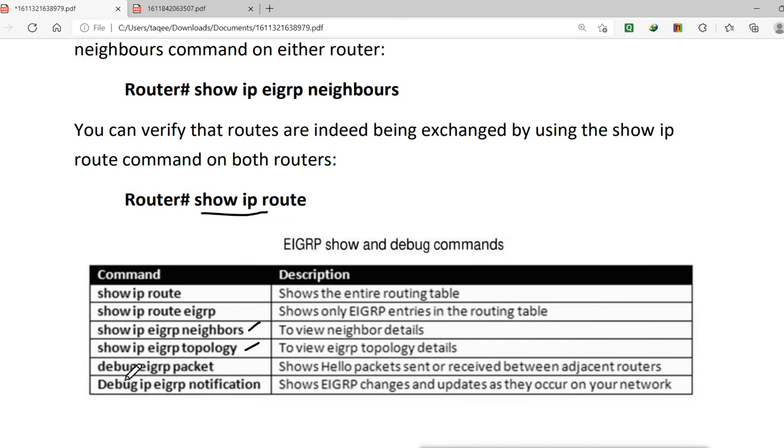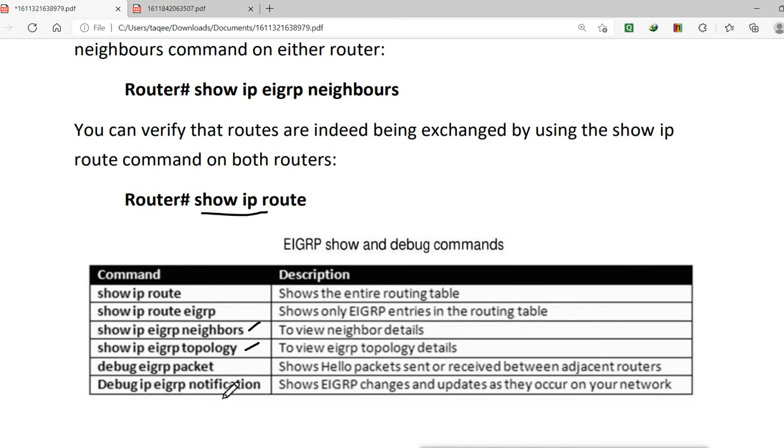Then we can run the debug command, and the debug command is to troubleshoot the network, like whatever is happening. We can enable debugging of packets, which will show hello packets sent or received between adjacent neighbor routers.